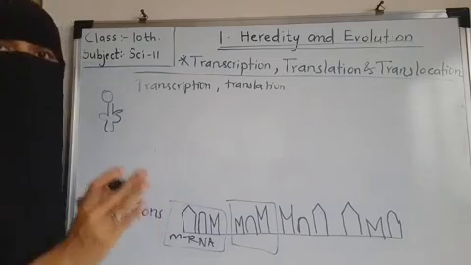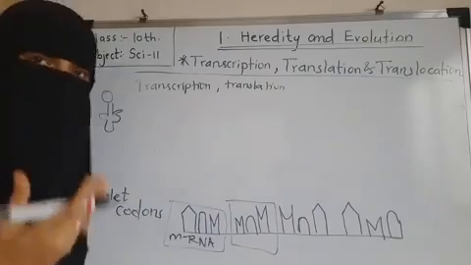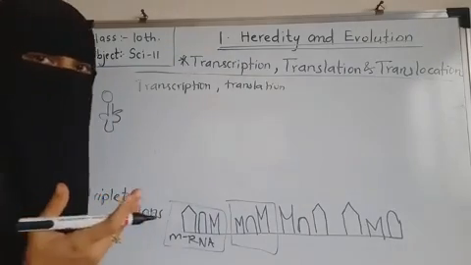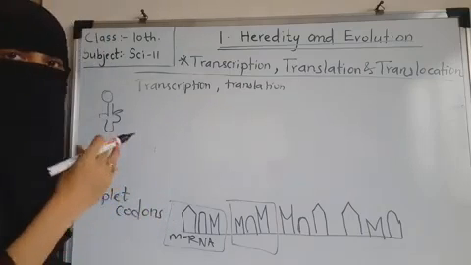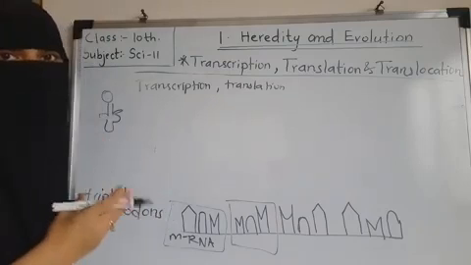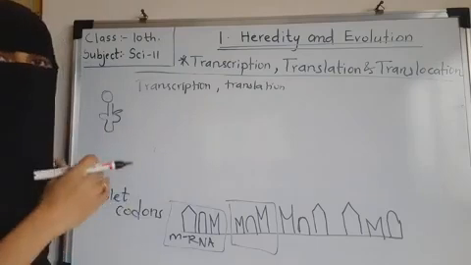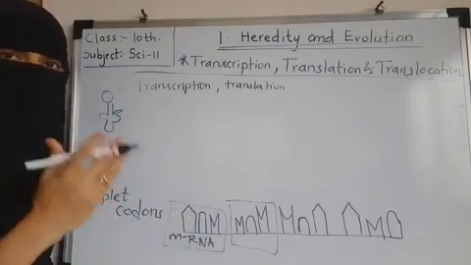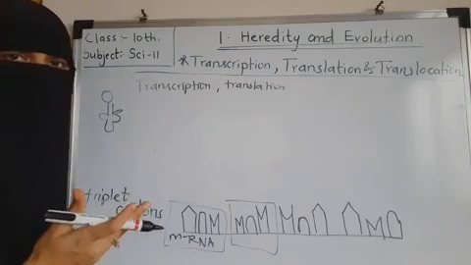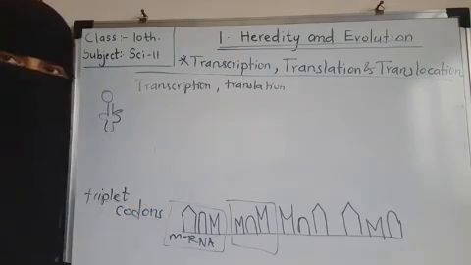So just like messenger RNA, transfer RNA also has nucleotides, right? That means it will also have a codon. So as messenger RNA has a codon, transfer RNA has an anticodon. That means what? This codon and anticodon are complementary, right? So eventually they will come to know where to go.